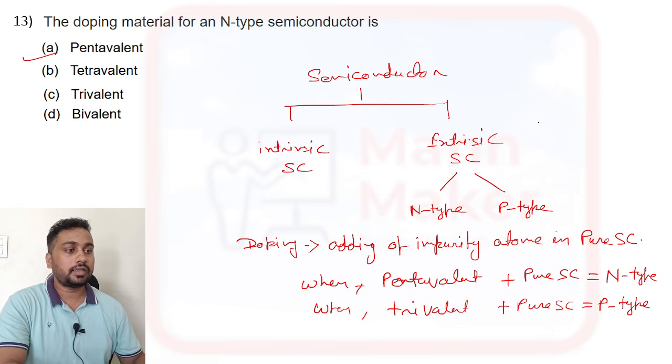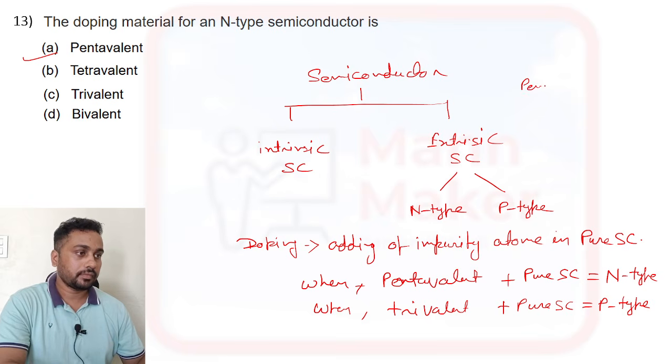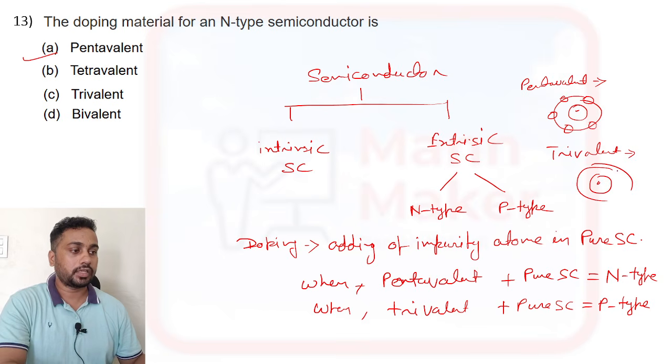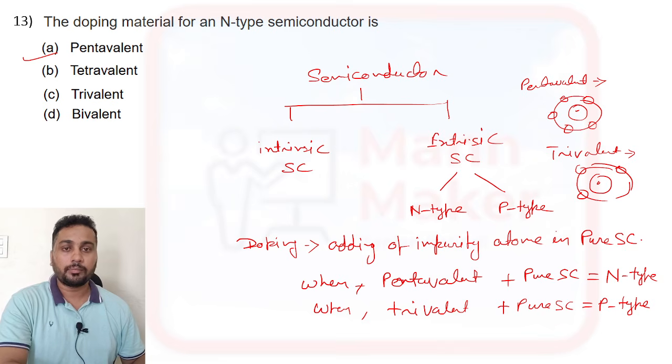Pentavalent means an atom whose outermost shell has 5 electrons. And for trivalent, the outermost shell has 3 electrons. So from here, pentavalent is the right answer.